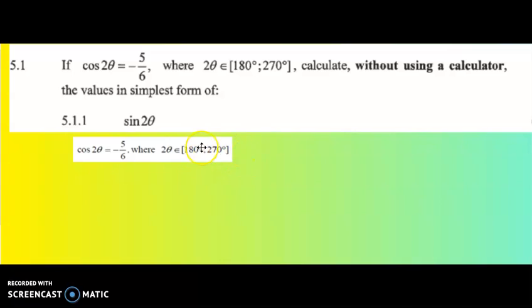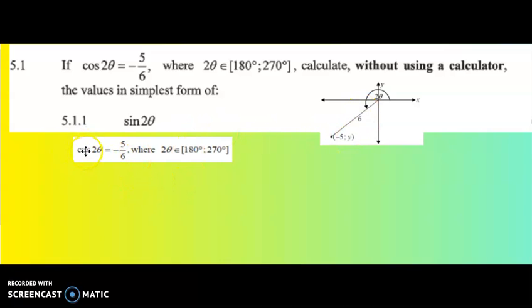And what does it mean when it says it's an element of 180 and 270 degrees? When I draw my sketch, it shows that the angle is between 180 and 270 degrees. There's my angle 2 theta.